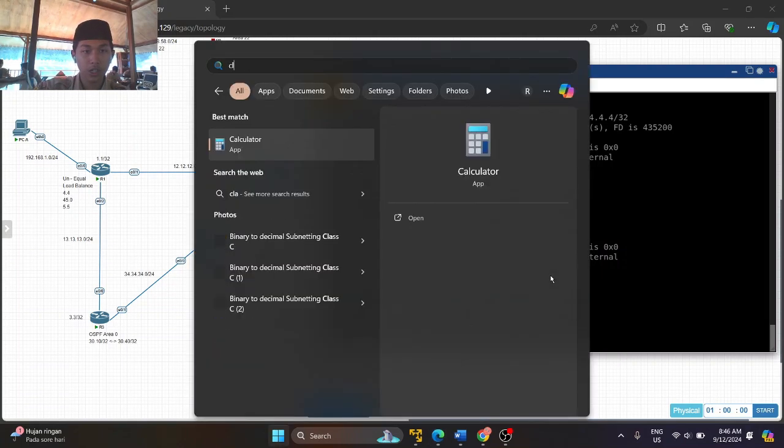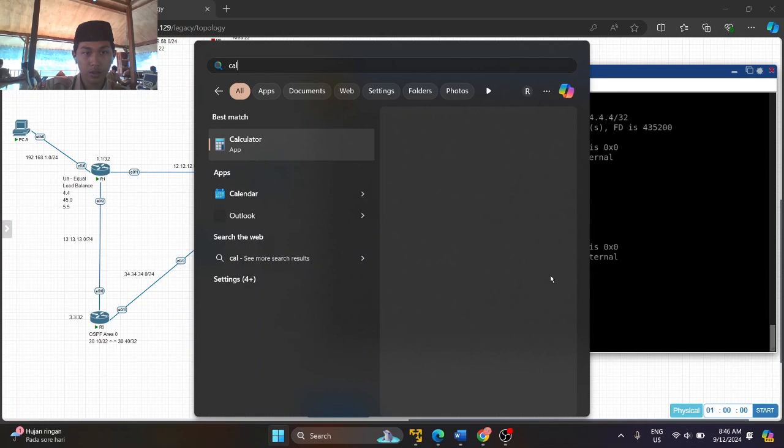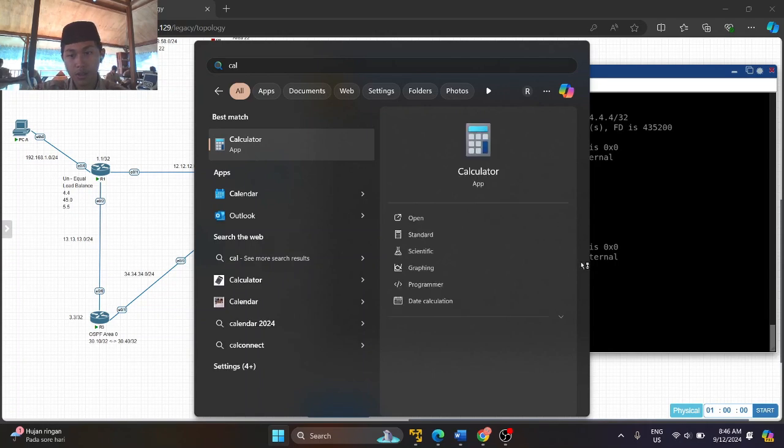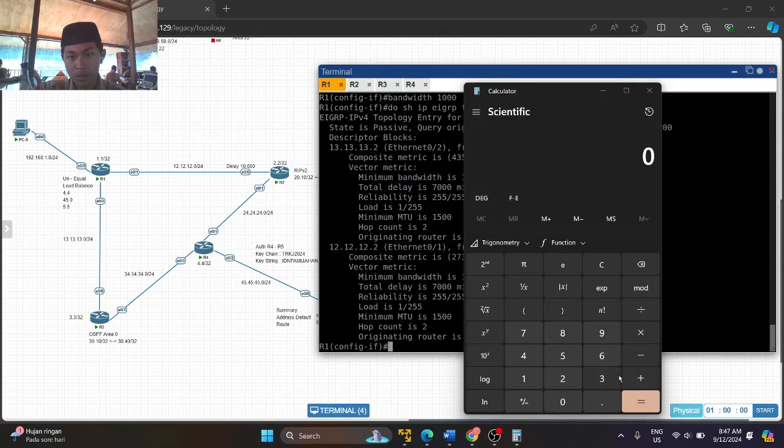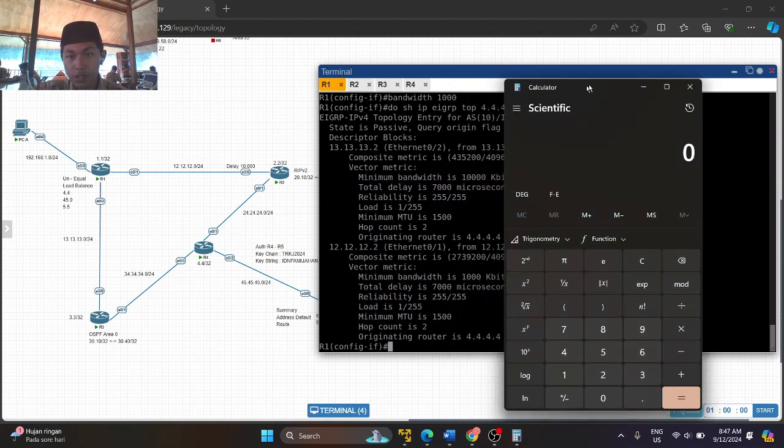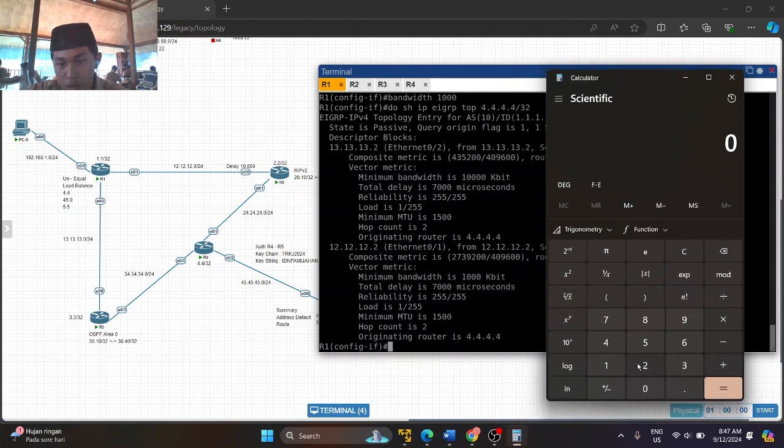Let's use a calculator. 2,739,200 will be divided by 435,200.